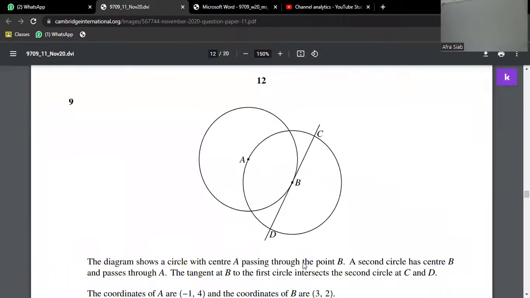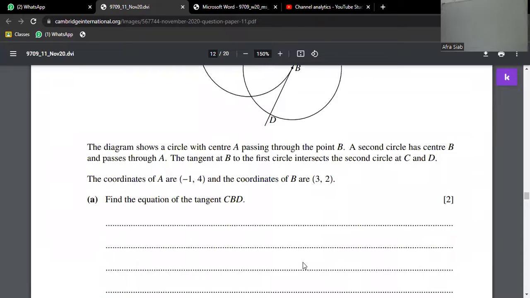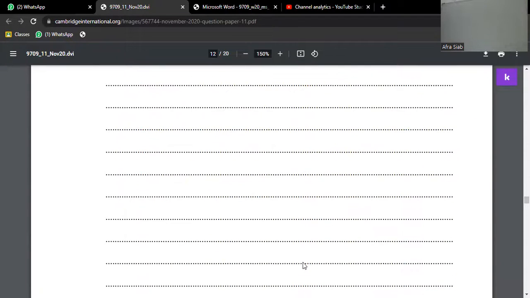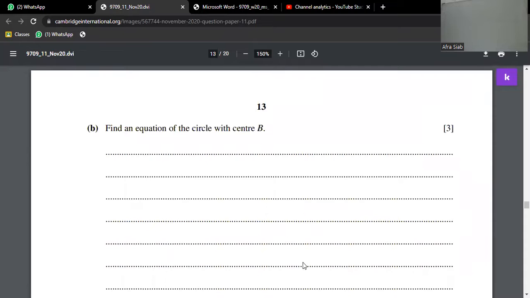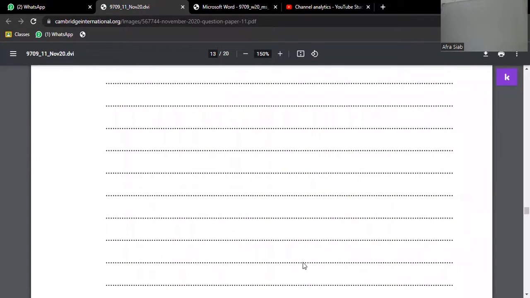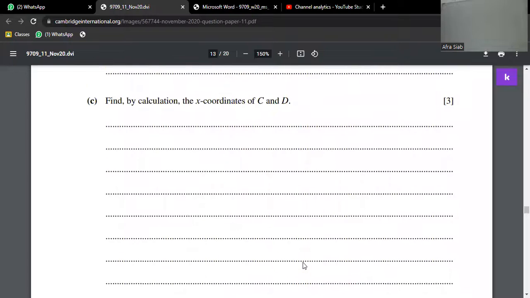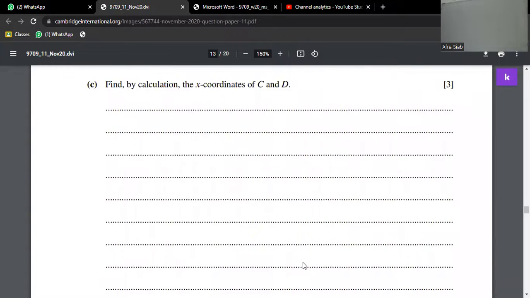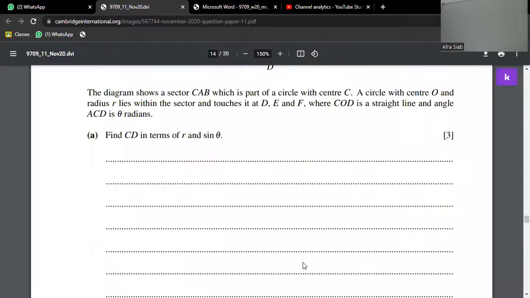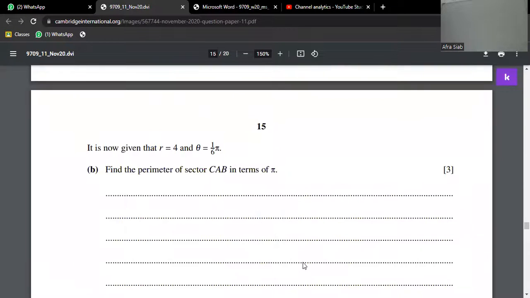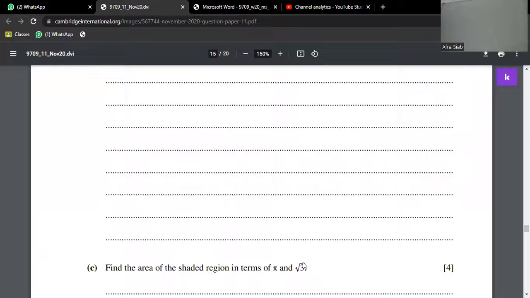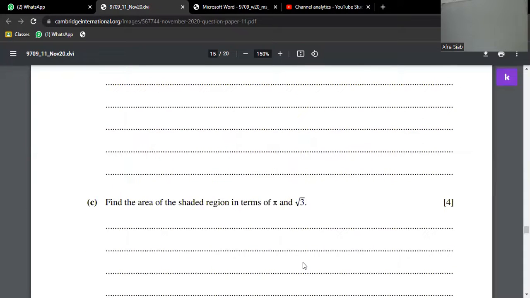Question 9. B part. C part. Question 10. B part. C part.